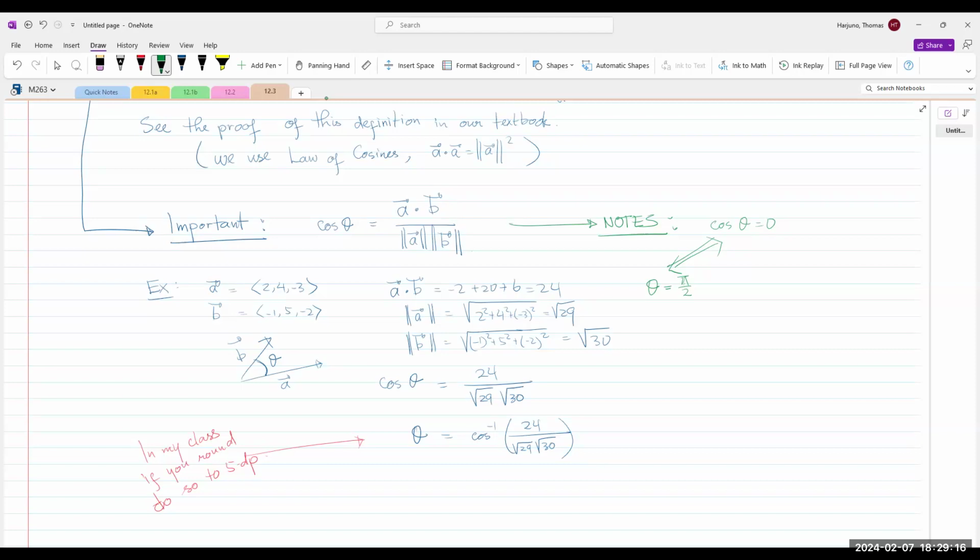Which basically means those two vectors, angle A and angle B, form 90 degrees. They are perpendicular.